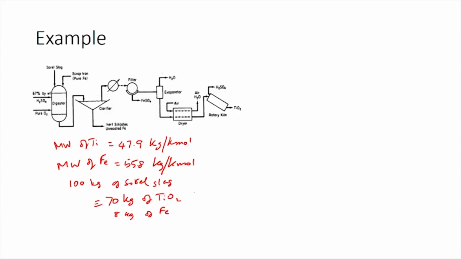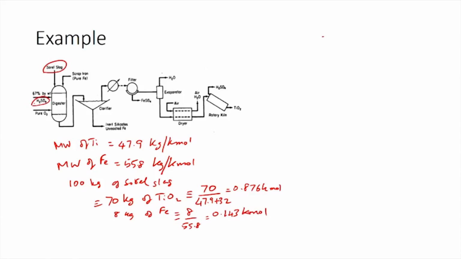So, 70 kilograms of TiO2 would be 70 divided by 47.9 plus 32, giving you a value of 0.876 kilomoles. The number of moles of 8 kilograms of iron would be 8 divided by 55.8, giving you a value of 0.143 kilomoles of iron.